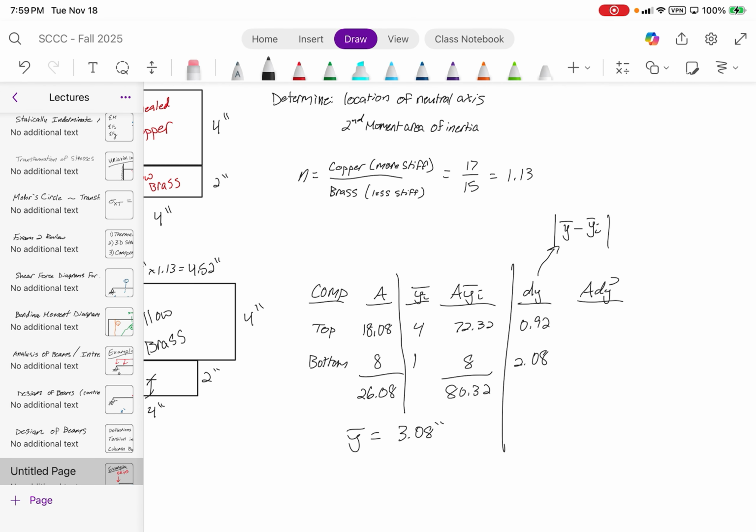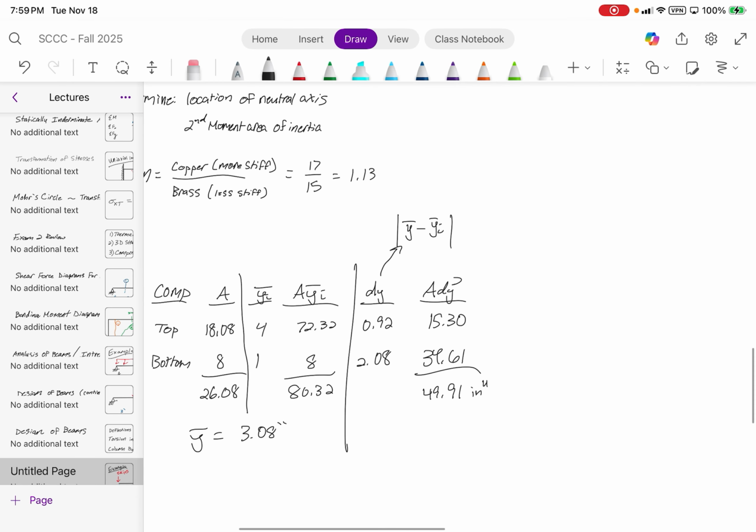And then 18.08 times 0.92 squared, I get 15.30, and then 8 times 2.08 squared, I get 34.61. Add those together, and we get 49.91, and that's going to be in units of inches to the fourth. Everyone got that so far, right?